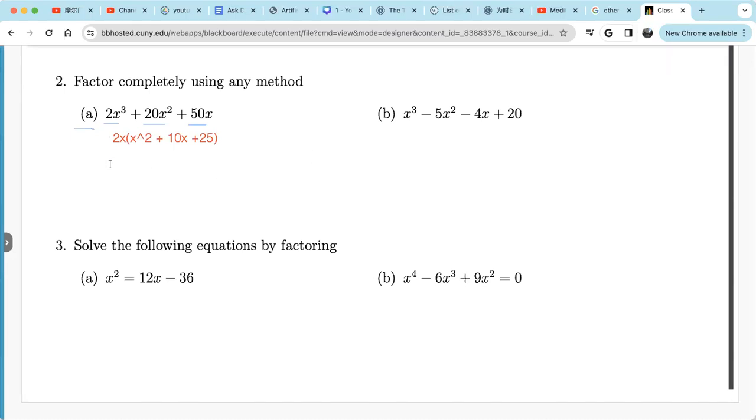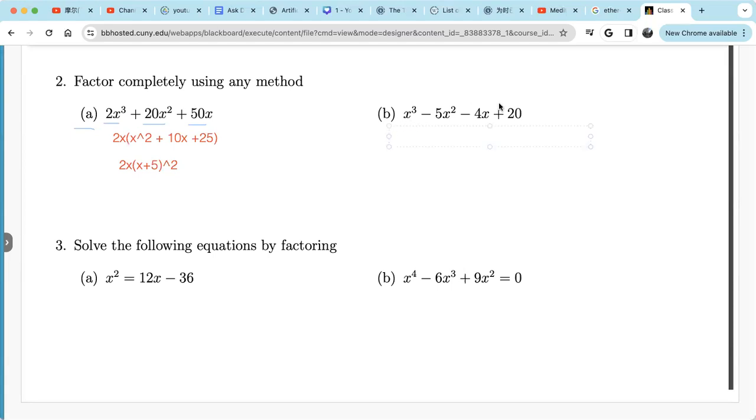And x squared plus 10x plus 25 is a perfect square. It's x plus 5 squared. So this is factored completely. So it's 2x times x plus 5 times x plus 5, or x plus 5 squared.